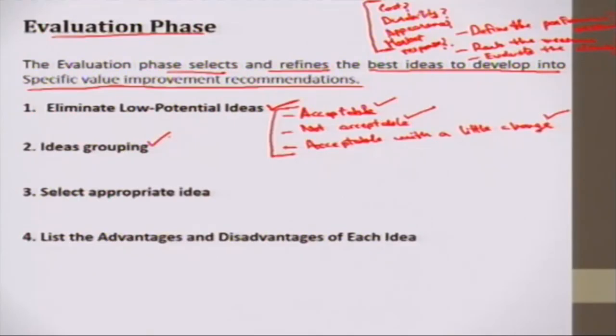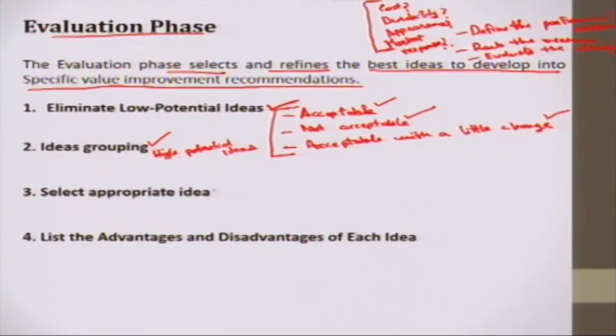The similar ideas or the remaining ideas which are selected, the high potential ideas only, they are grouped according to the similarity. So, the categories are examined and they are examined to determine if they should be modified or combined with some other ideas, those things happen. Then we select the appropriate idea.